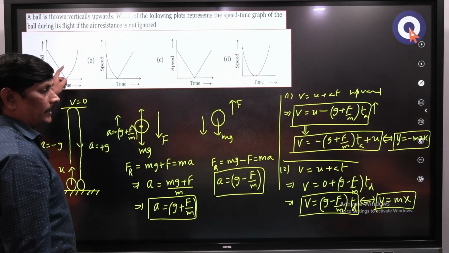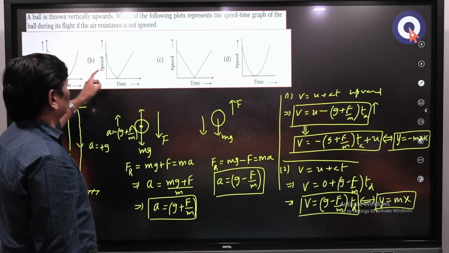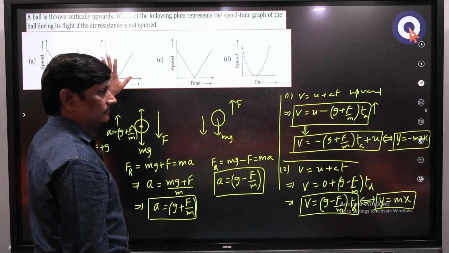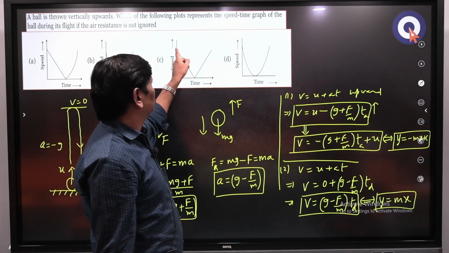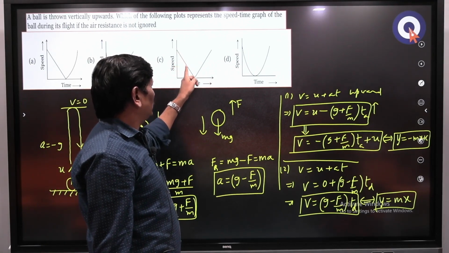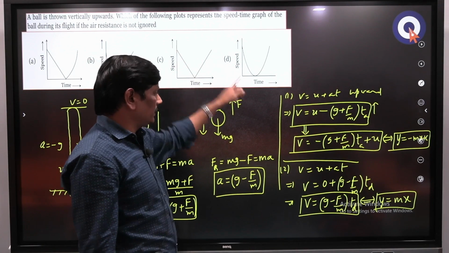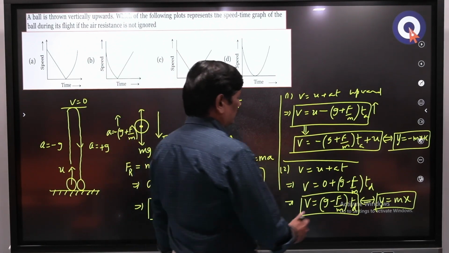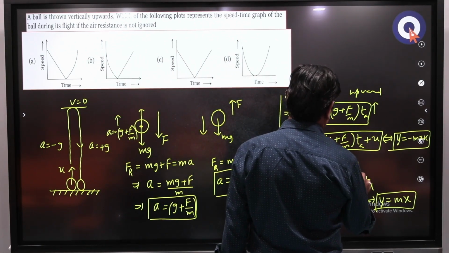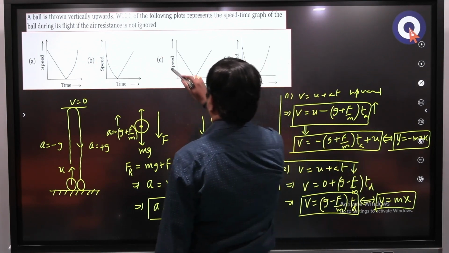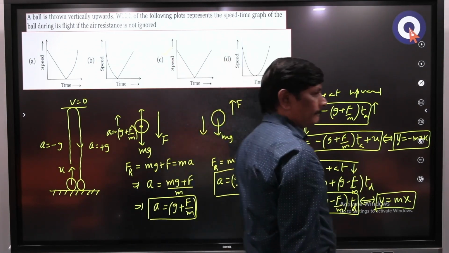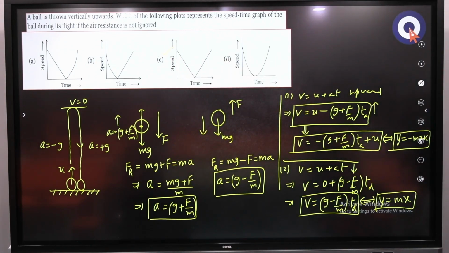It is not a straight line for the downward journey. Here, this is wrong. What about this? During ascent, straight line. During descent also, we are getting a straight line. So which one is correct? This option C.